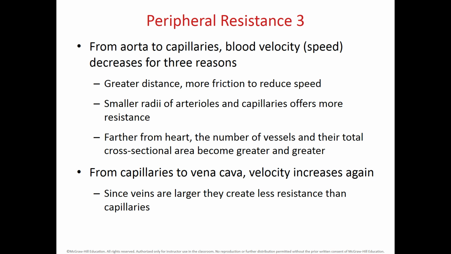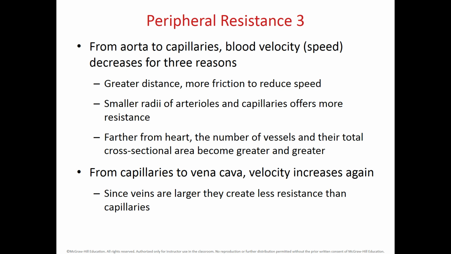So in peripheral resistance, from the aorta to the capillaries, the velocity or the speed decreases, because there is a greater distance or more friction that decreases the speed. And as you move away from the heart, you will have blood vessels that have a smaller diameter, like the capillaries and the arterioles.